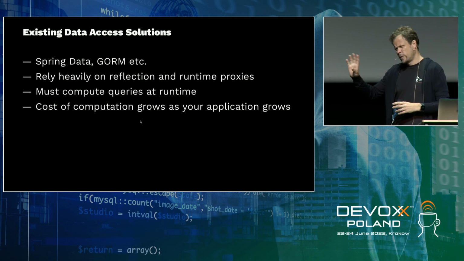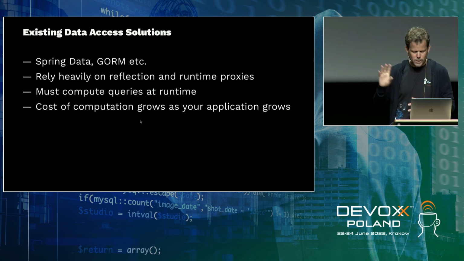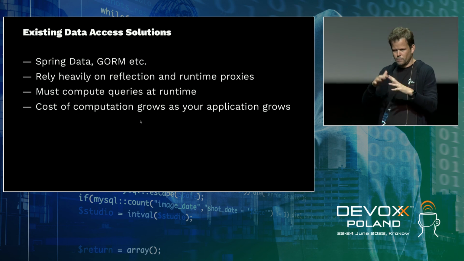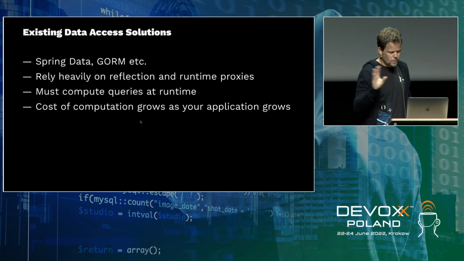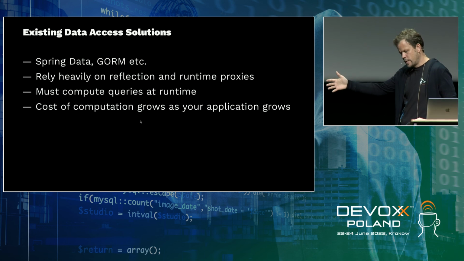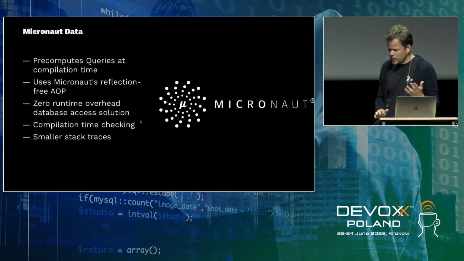And I think Spring Data became the most popular, certainly the most famous, implementation of the repository pattern, having an interface that defines BookRepository and has all your methods. But all of them have the same approach, which is to rely on runtime proxy creation and heavily on reflection and runtime computation. So with Micronaut Data, we took a different approach.